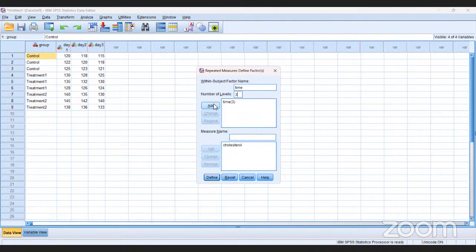Then you have to click the add. Like that, you have to write down what is your measure. Here the measure is cholesterol level. So cholesterol level change or not, that is your target for assessment. After that, you have to click the define. Okay.